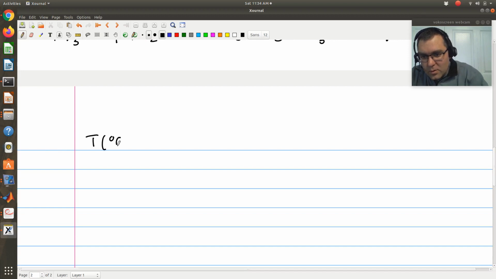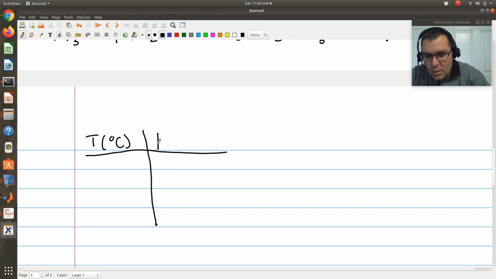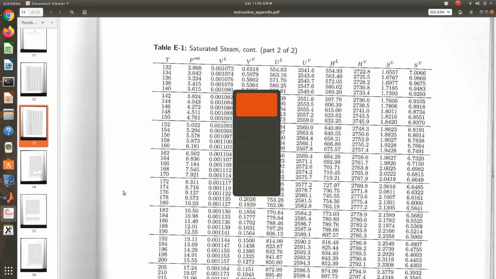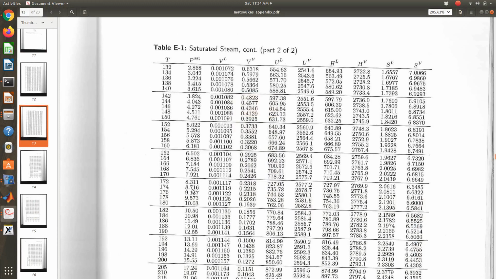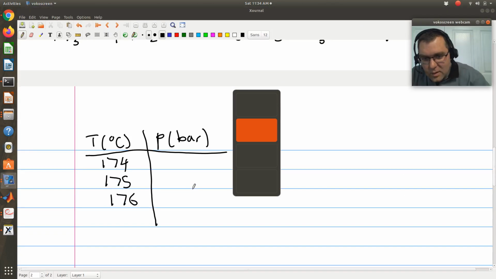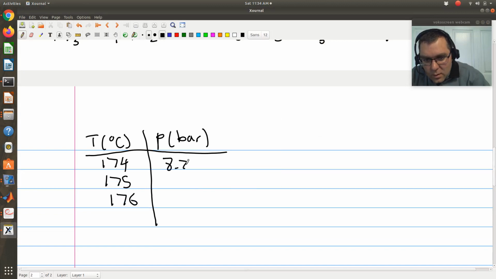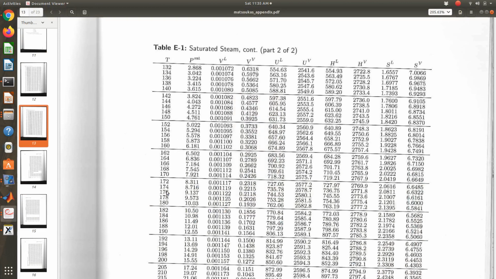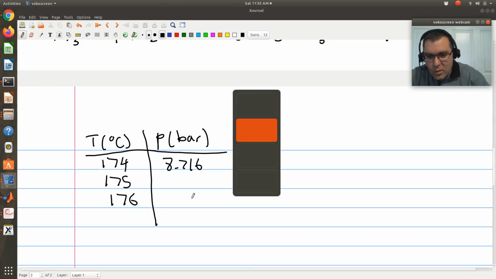Temperature in degrees C, pressure in bar. We need to interpolate. We had 174 in the table, we need 175, and we have 176. 8.716 is my saturation pressure at 174, and at 176, it's 9.137.